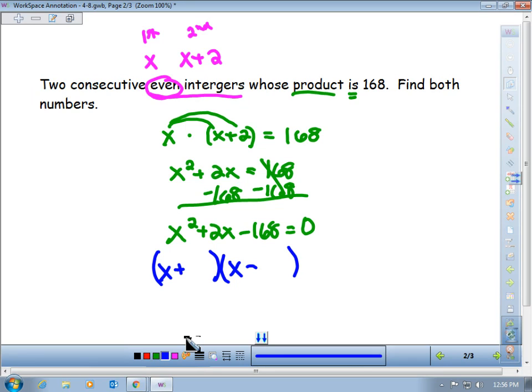Well, let me see here. I definitely know it's not 2 times 84. I think 4 goes into that, but 4 would go into that 42. So I definitely know it's not that. I think I'm going to do 14 times 12.